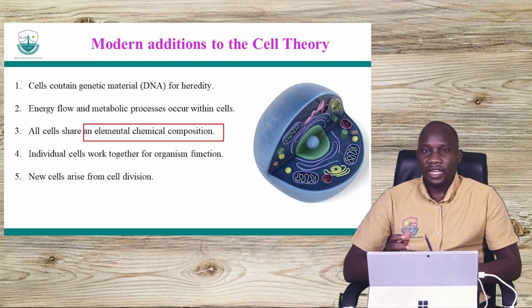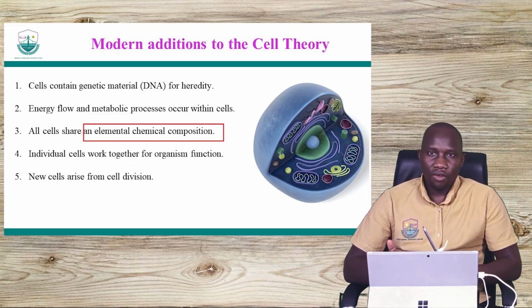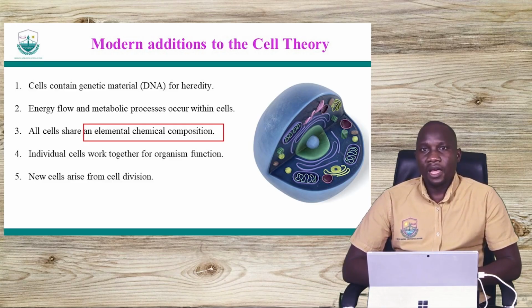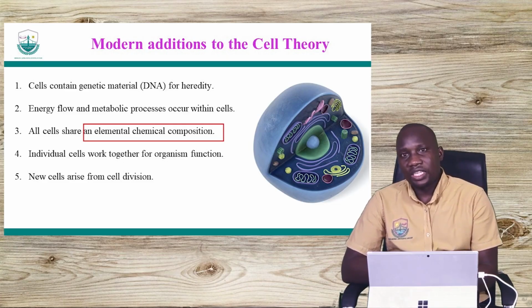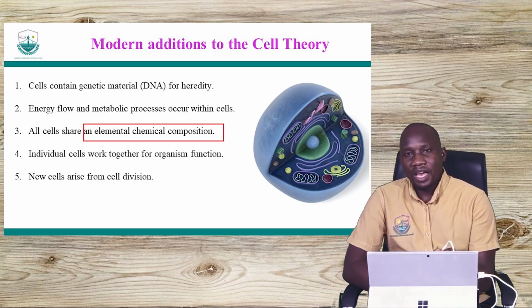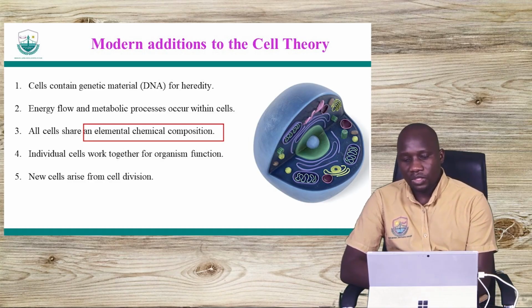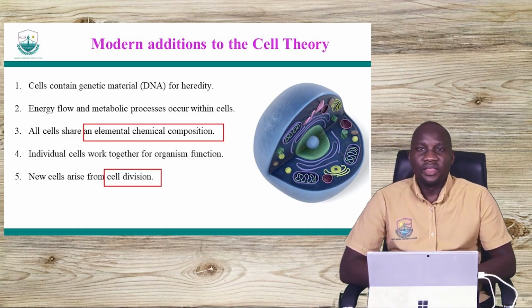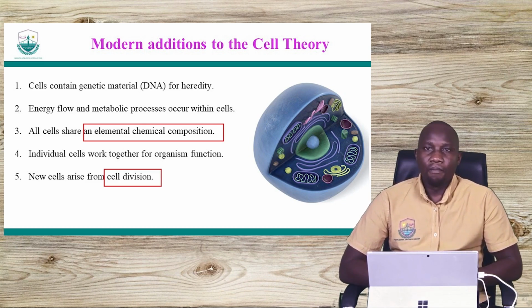Now, earlier on, we said that the cell theory notes that new cells come from those that are already existing. The new addition that we have here is that those new cells coming from pre-existing cells arise through a process of cell division. And this cell division can be mitosis or meiosis.